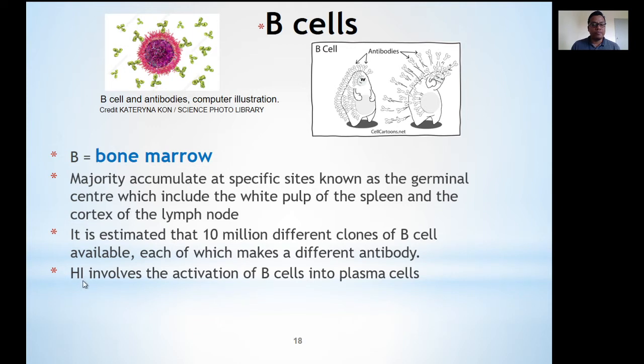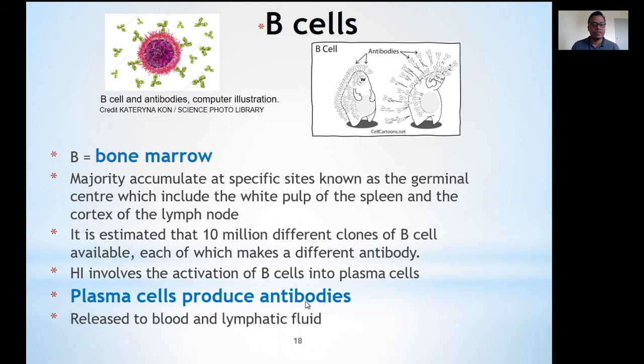Humoral immunity involves the activation of B cells into plasma cells. Plasma cells produce antibodies, and the antibodies then will be released to the blood and lymphatic fluid.